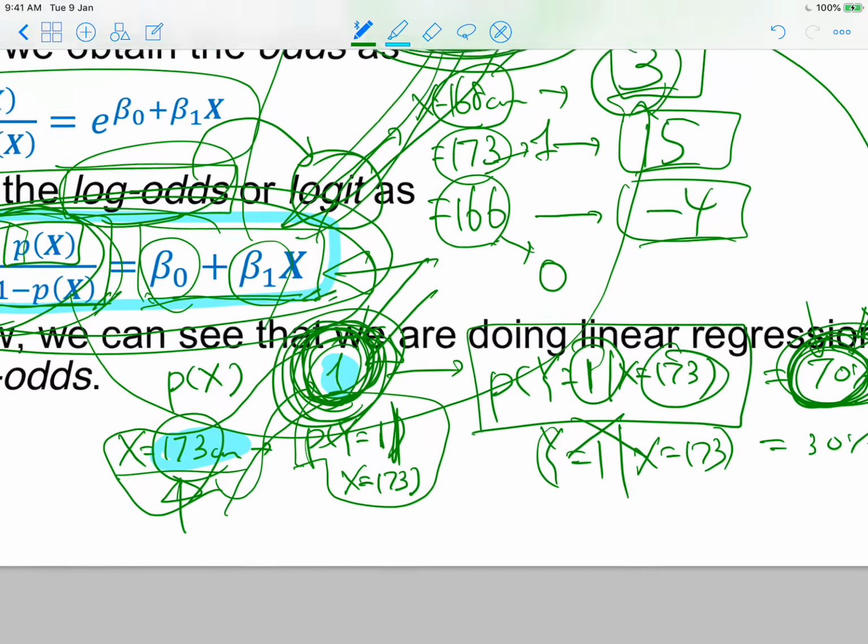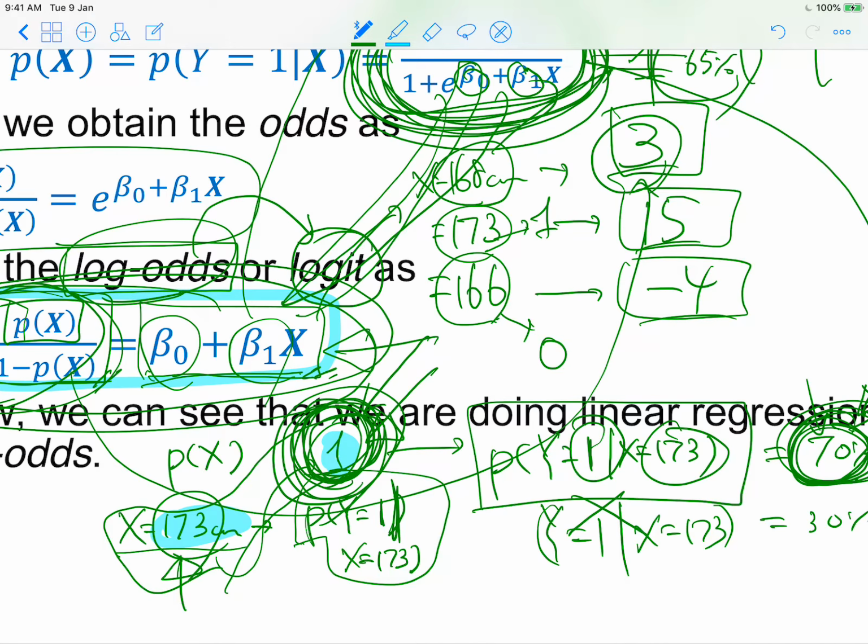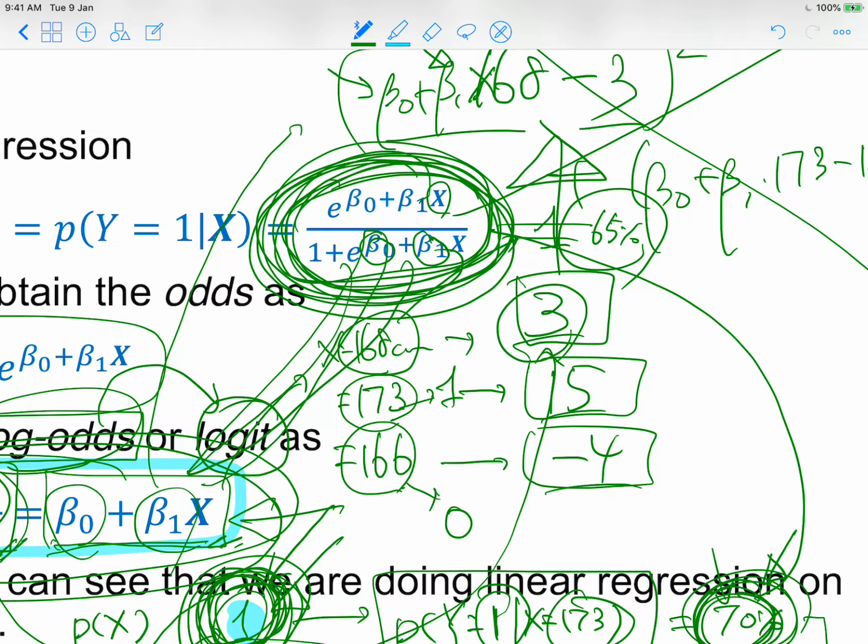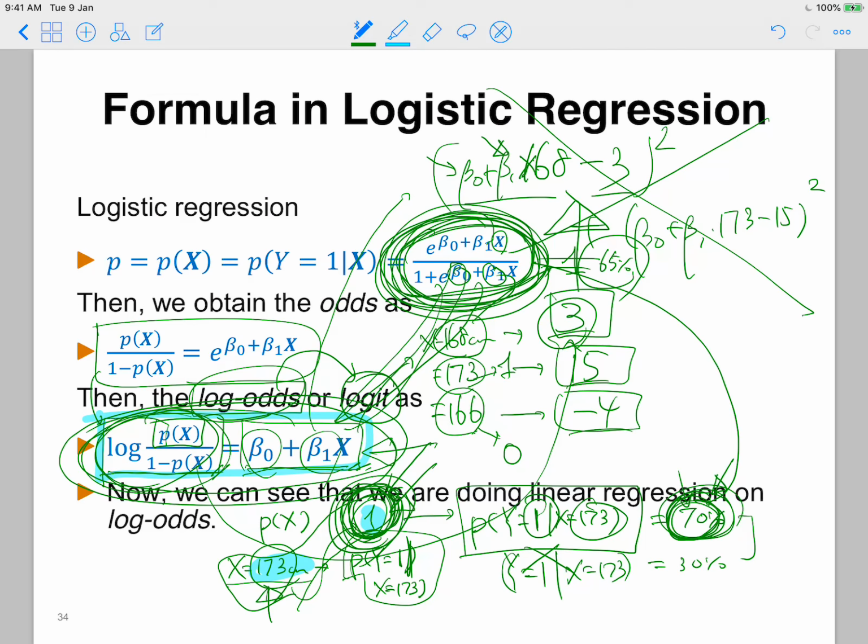Given 173, our current model says the probability of observing the male is 65%. But if our model really reflects our data, the data we collected as our observation will have a relatively high probability.